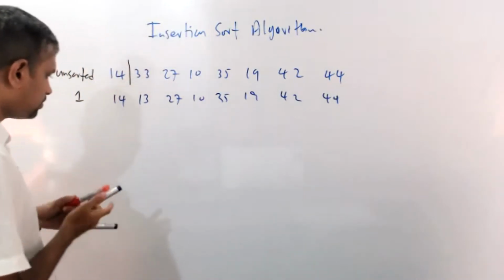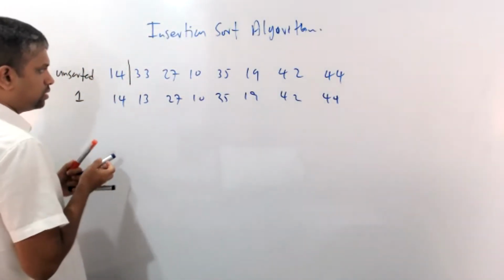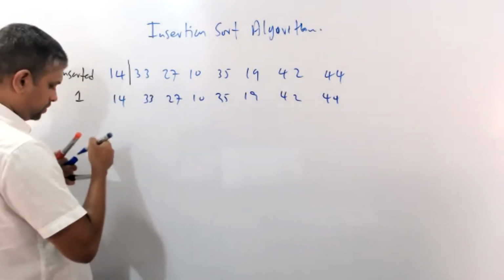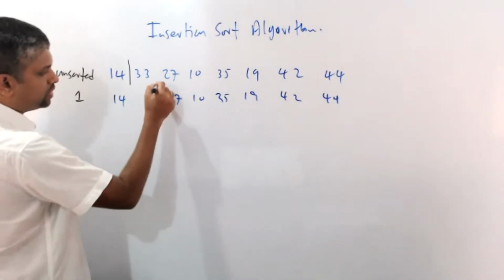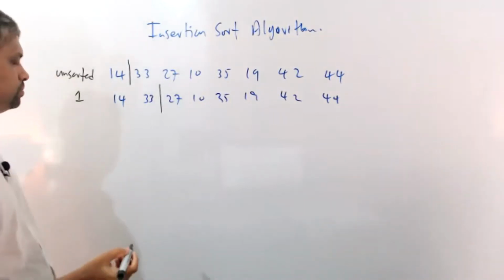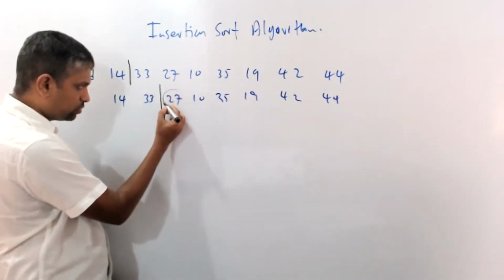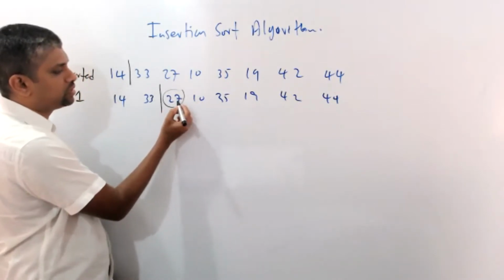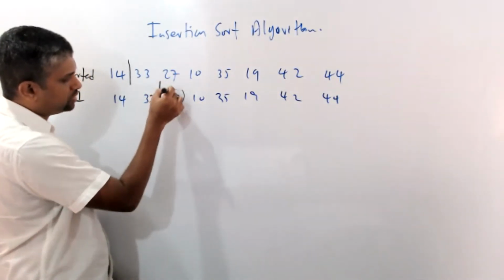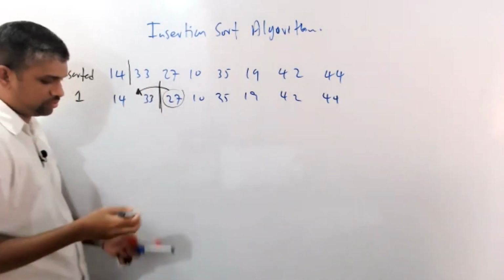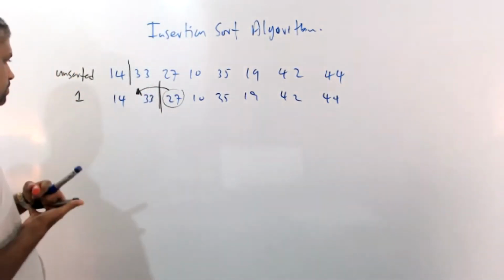Now after this level, it's all right. Then look at the next guy and find the suitable location for this guy. The suitable location for this guy is this location, the place that suits him.